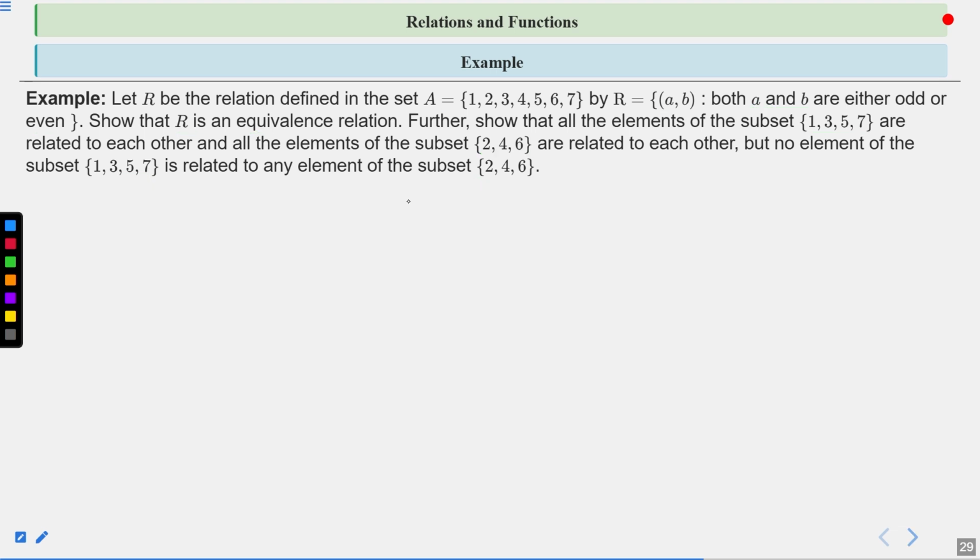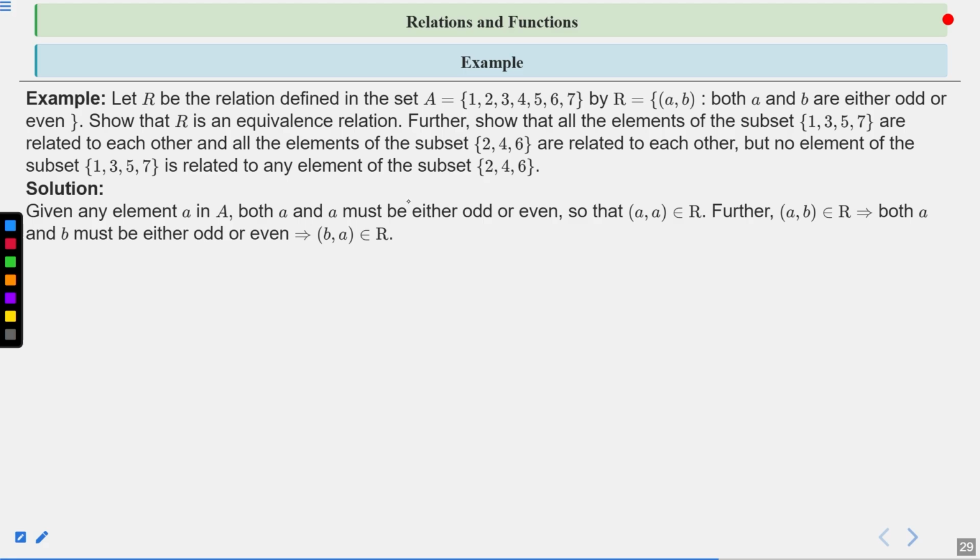So, solution, starting with the conditions. Take any element a from the set A, and you know a and a must be either odd or even. Simple. So we have (a, a) belongs to this relation R. So this shows relation R is reflexive.